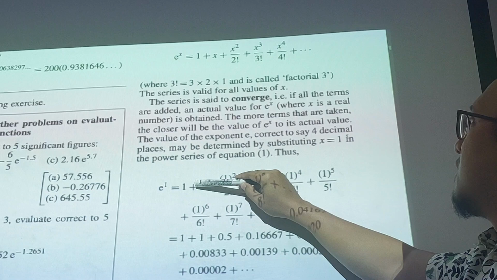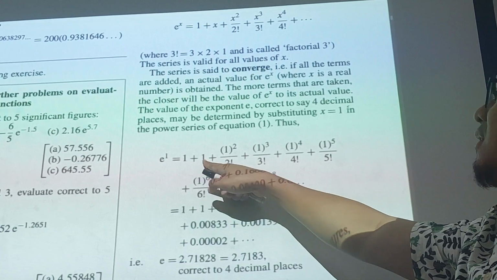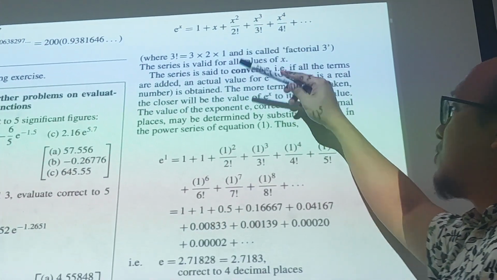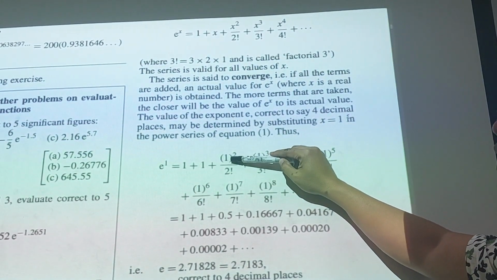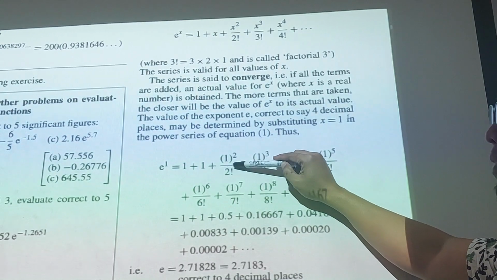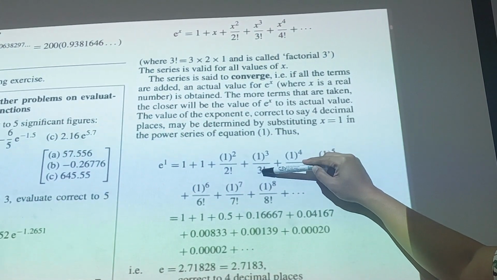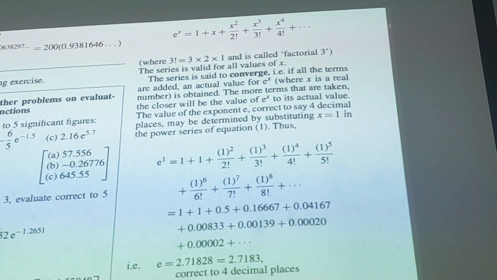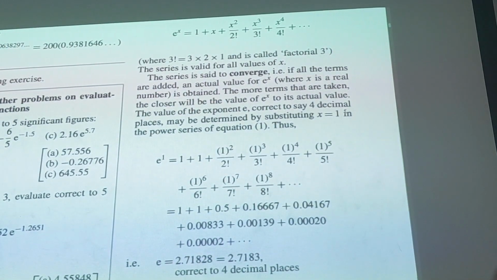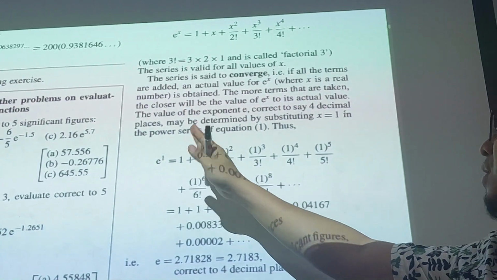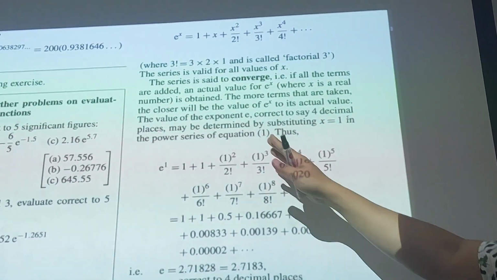First 1, plus x where we substitute x with 1, and plus x squared, so 1 squared over 2 factorial, plus 1 to the power of 3 over 3 factorial, and so on. You can write at least 5 terms: 1, 2, 3, 4, 5. So 5 terms is enough.